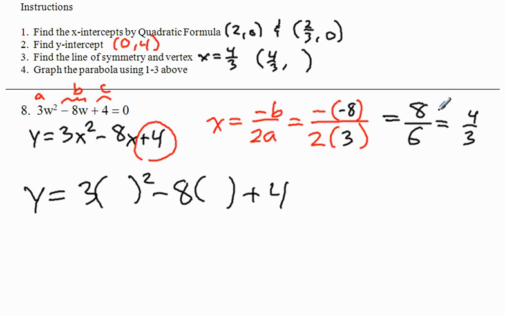Plugging in our line of symmetry, 4/3, in place of x. So we've got 4/3 here, and 4/3 on this one. Remember, to square a fraction, you square the numerator and the denominator separately.